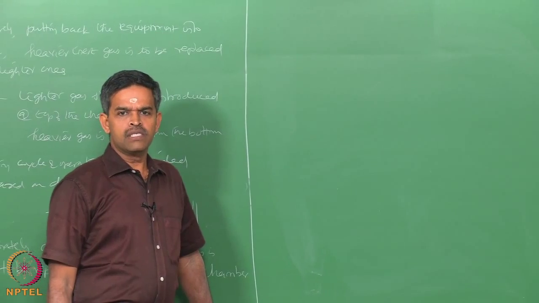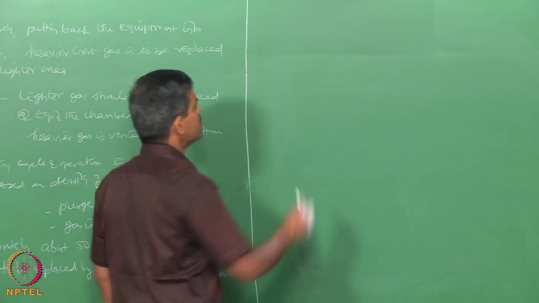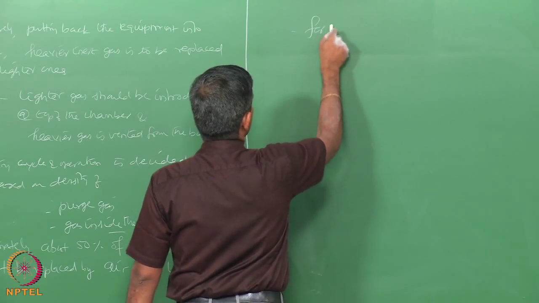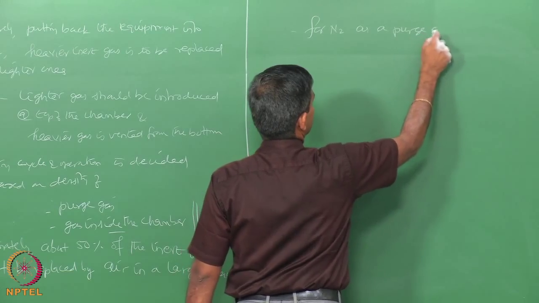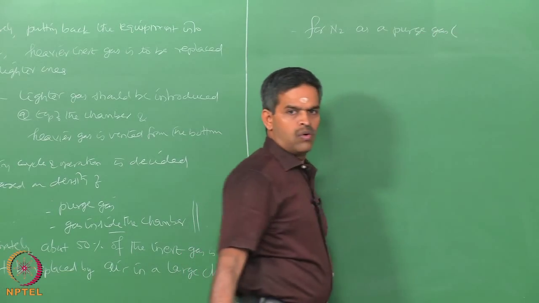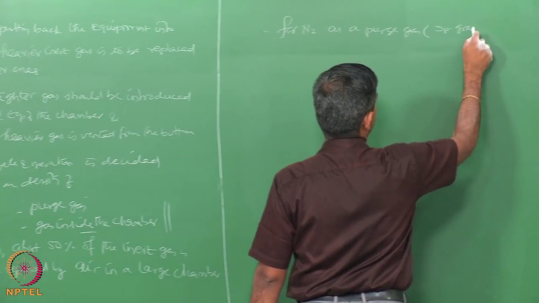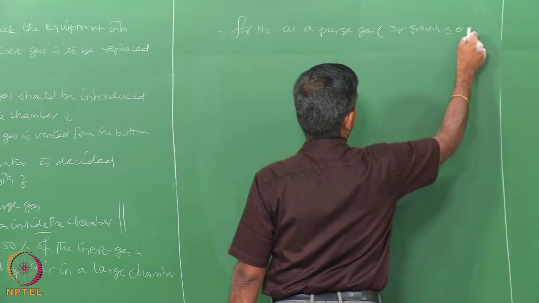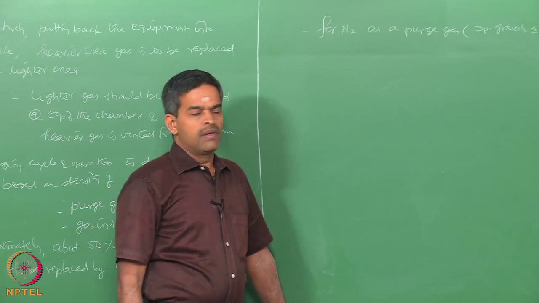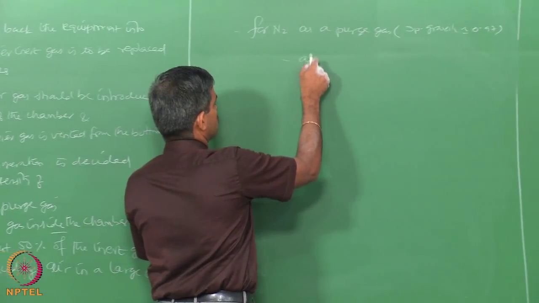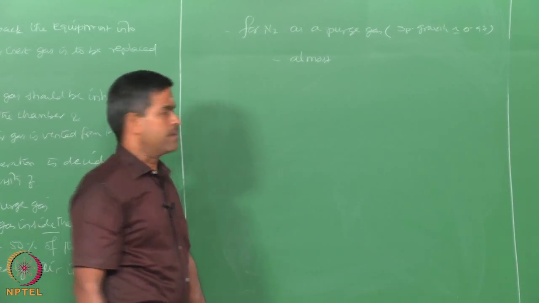If you look at nitrogen as a purge gas, whose specific gravity is approximately 0.97, this is considered to be almost identical to that of air.